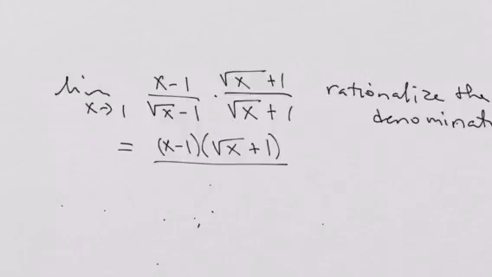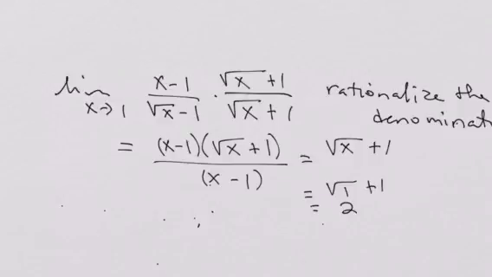And we're going to get x minus 1 down there, which is great because this is going to cancel with this. So we're going to be left with just the square root of x plus 1. Now we can apply the limit as x goes to 1 of that, and we're going to get the square root of 1 plus 1, which is 2.